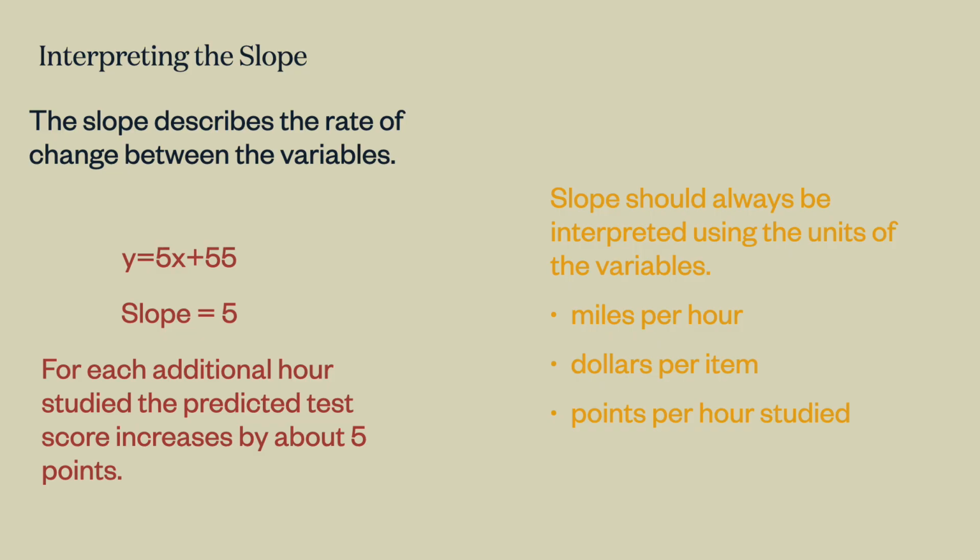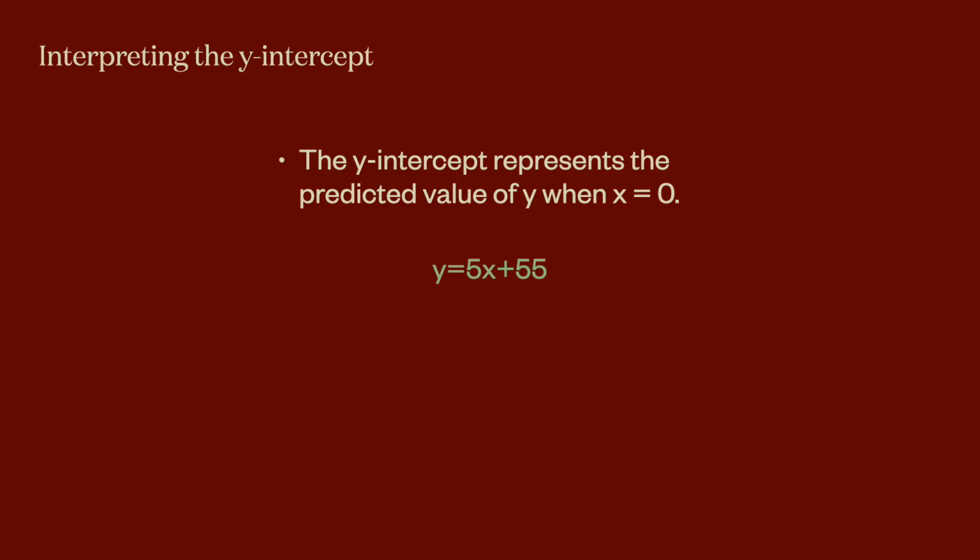The second part of our equation is the y-intercept. Interpreting the y-intercept, which we've learned is the predicted value of y when x equals 0. Again, looking at our equation, y equals 5x plus 55, the y-intercept is the value of b in y equals mx plus b, and in this equation it is 55, but 55 what?